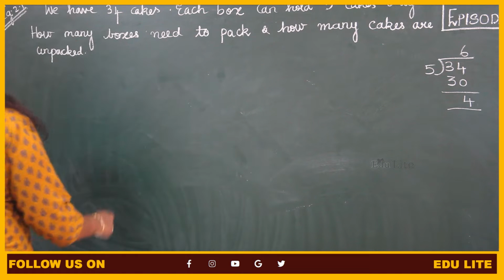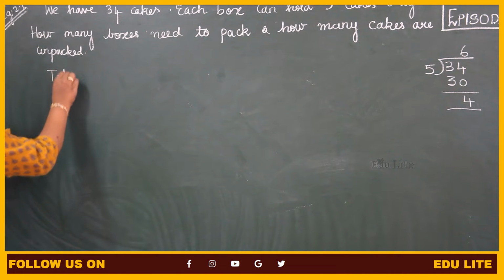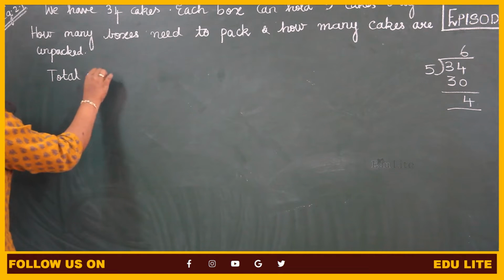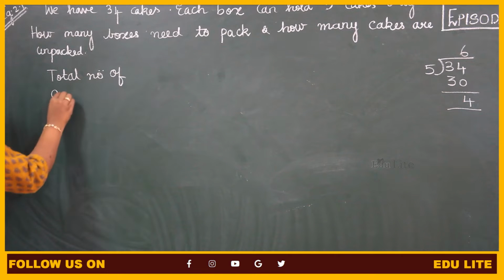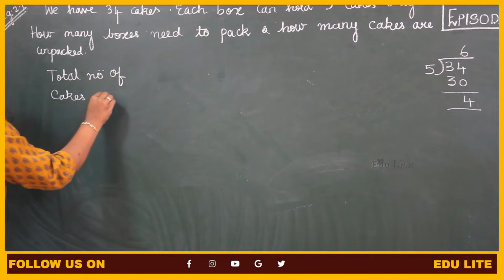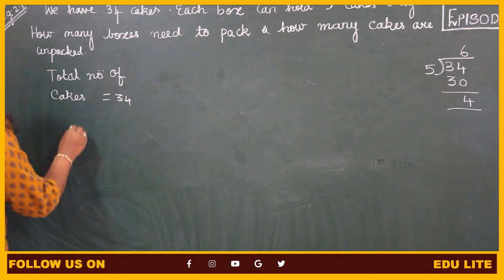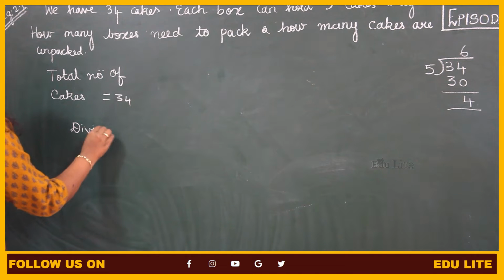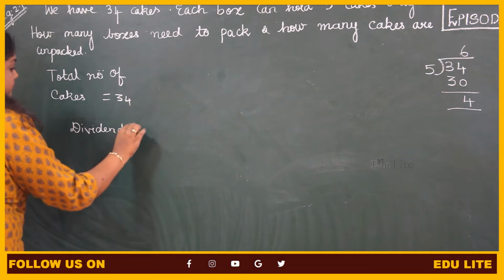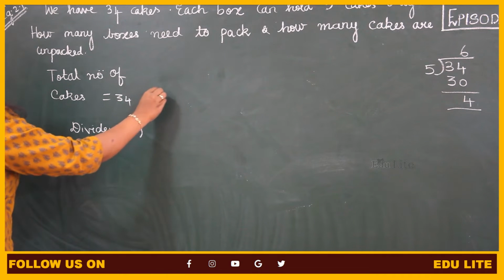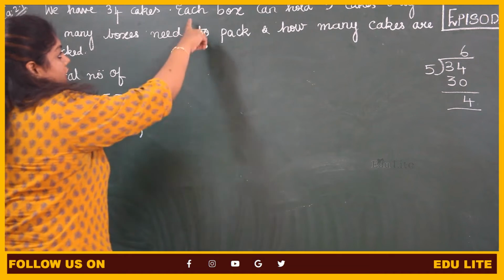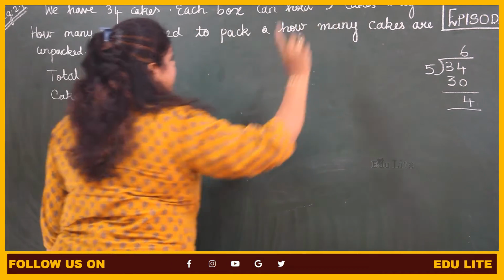So the total number of cakes given to us is 34, which we represent as the dividend A. Next, what is given to us is that each box can hold only 5 cakes.